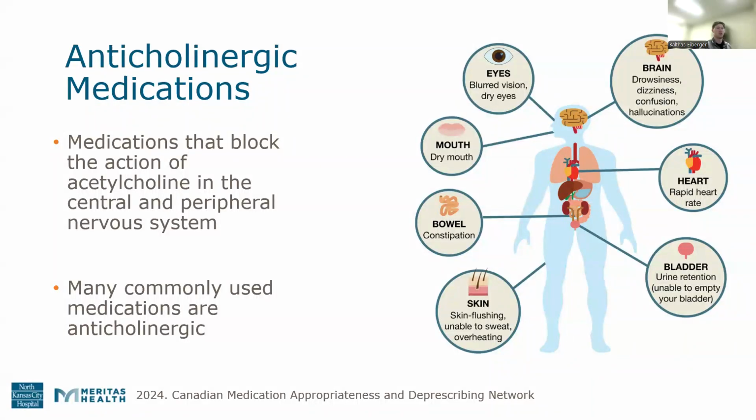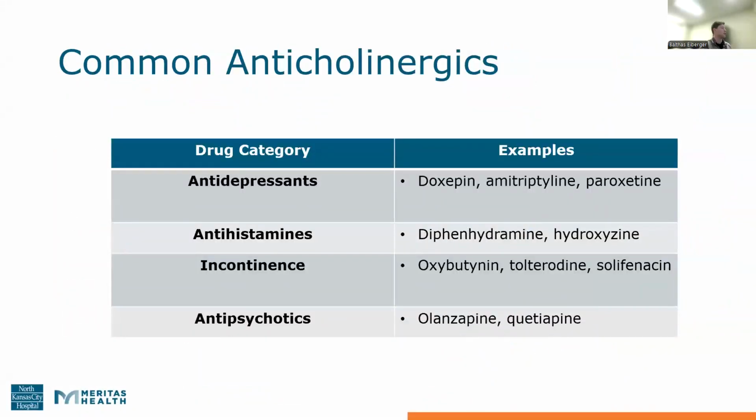So I'll show you just a brief table of common anticholinergics that are on the Beer's criteria. If you're on this medication and you're over 65 years old, like I said in the beginning, it doesn't mean you should stop it.